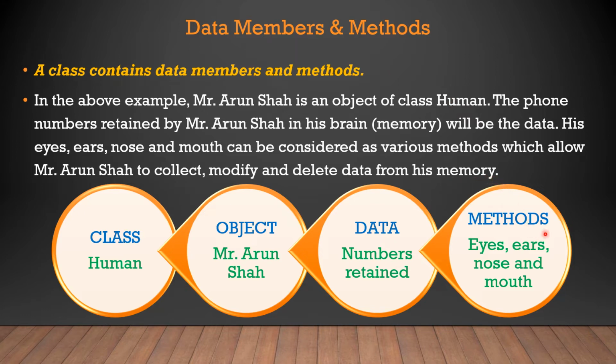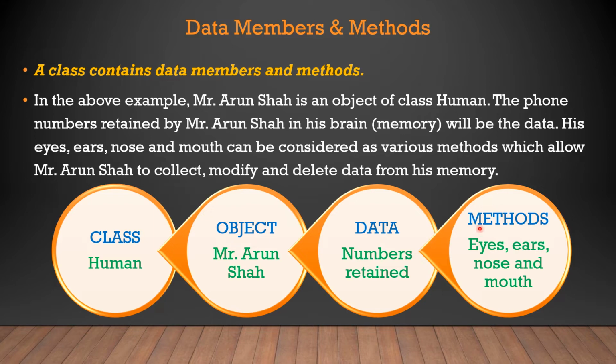Basically these are organs, but we are just taking an example, so we are calling them methods. They allow Mr. Arun Shah to collect, modify and delete this data, to perform operations on this data.